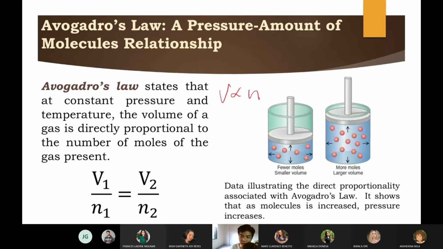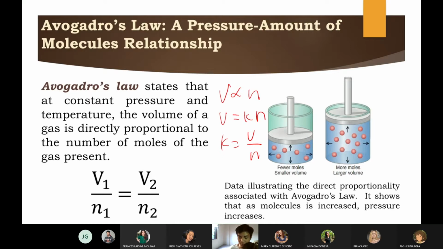Itong proportionality, gawin natin equality by introducing a constant. And then we express the equation in terms of constant. We get volume over moles equal constant. At initial state, volume 1 over N1 is equal to K. And at final state, volume 2 over N2 is equal to the same constant, K. So since parehas silang equal to the K, we get V1 over N1 equals V2 over N2.